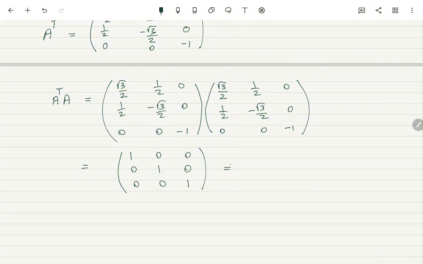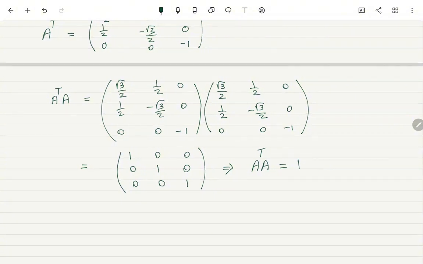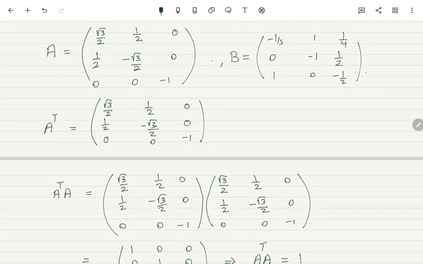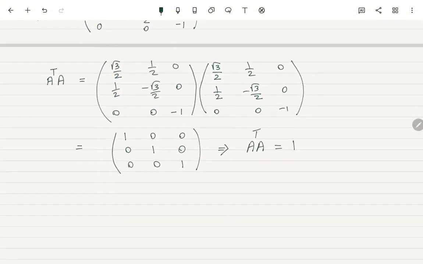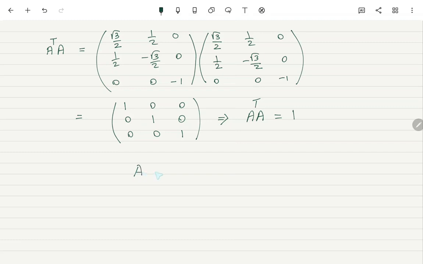So in this case, A transpose A equals the unit matrix, and that condition is satisfied. For that reason, we can call the matrix A, which is this one right here, an orthogonal matrix. So A here is an orthogonal matrix.